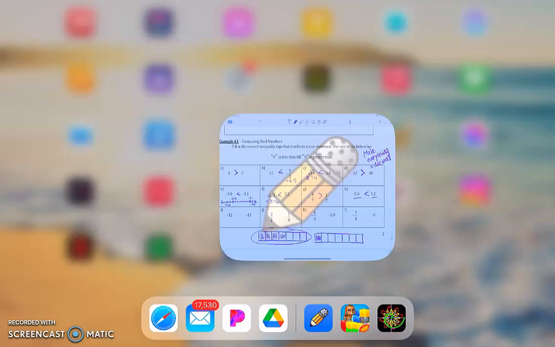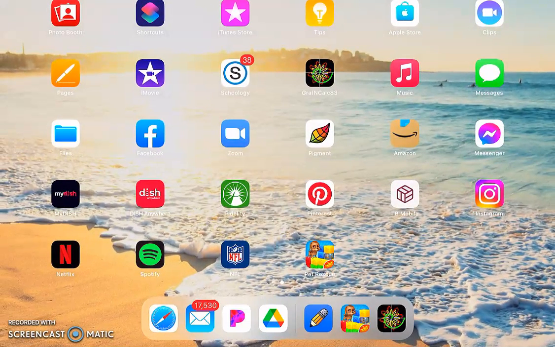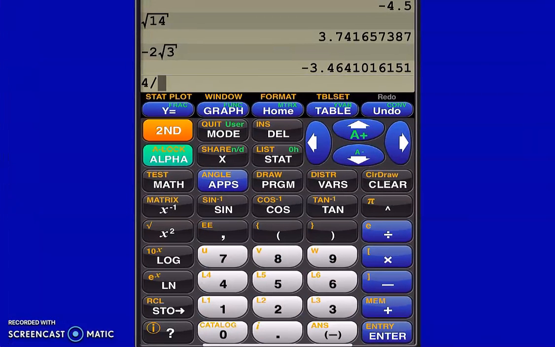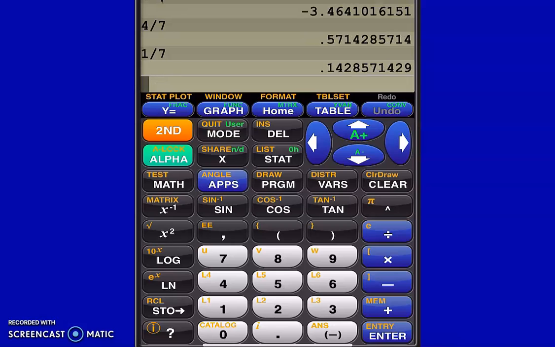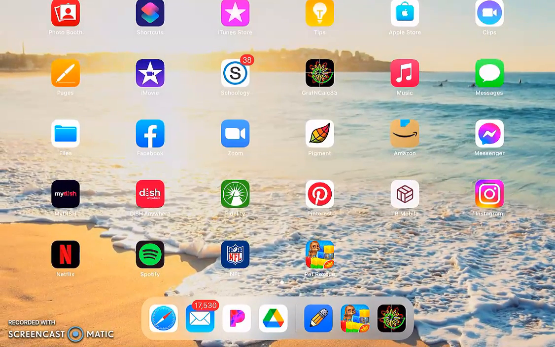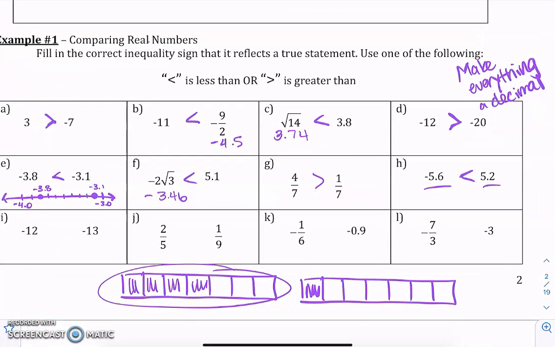But you guys can always divide it too. Same thing, just 4 divided by 7 and 1 divided by 7. So 0.5 versus 0.1. But I do want you guys, like I said, we're going to work with fractions, so it's good to start thinking about them a little bit. Negative 12 and negative 13. Negative 13 is just a hair further left, so that will be less.